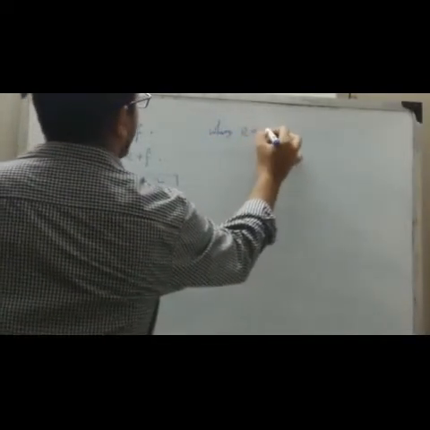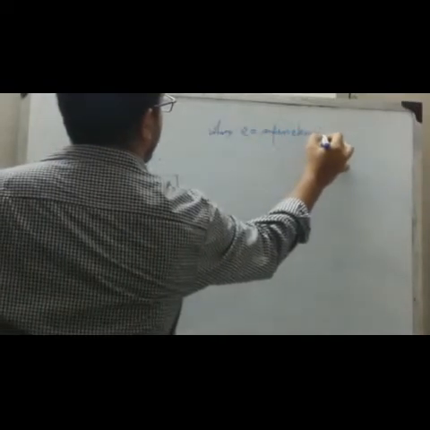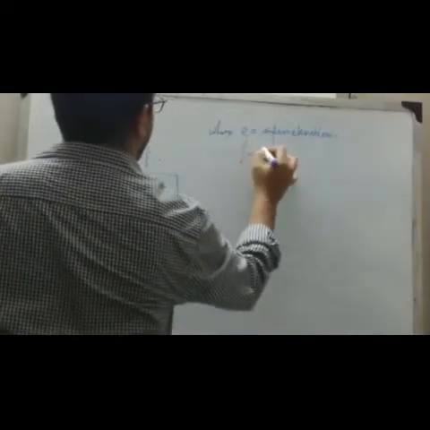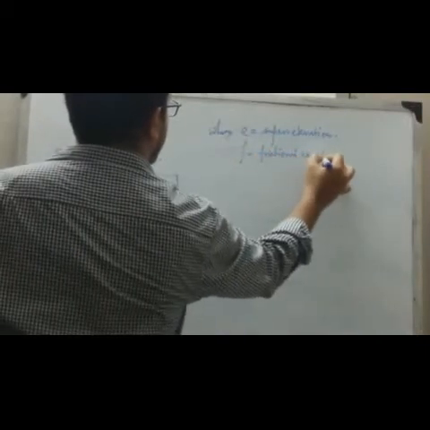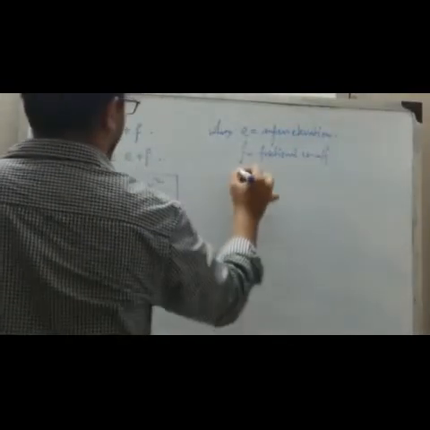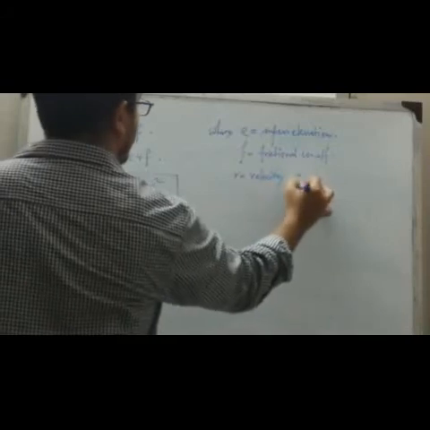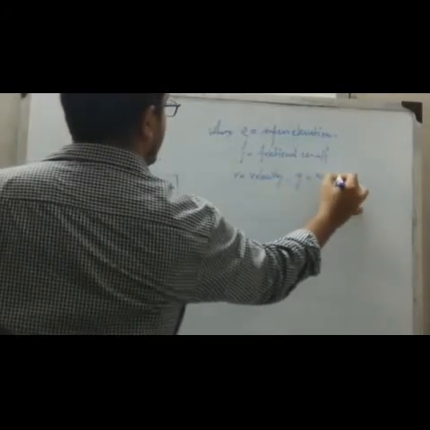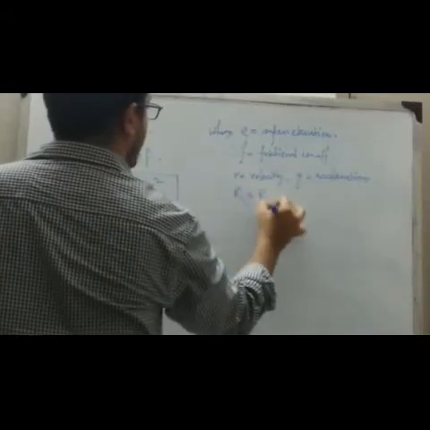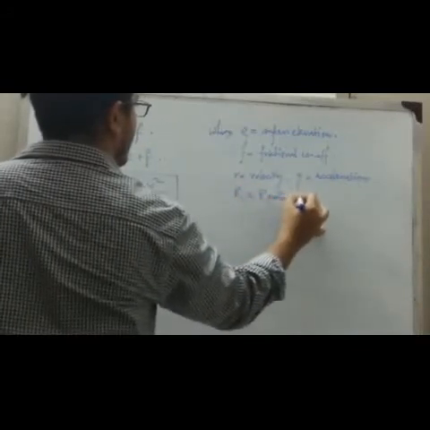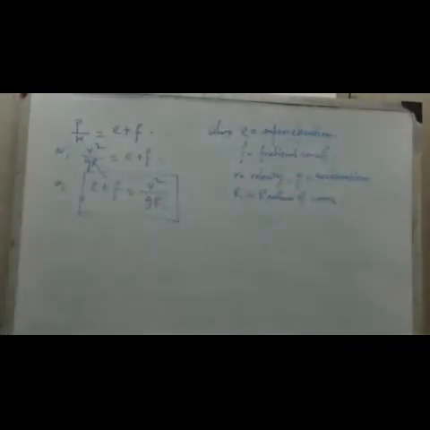e is the super elevation, f is the frictional coefficient, V is the velocity, g is the acceleration due to gravity, and R is the radius of curve.